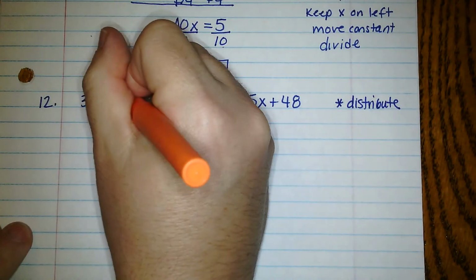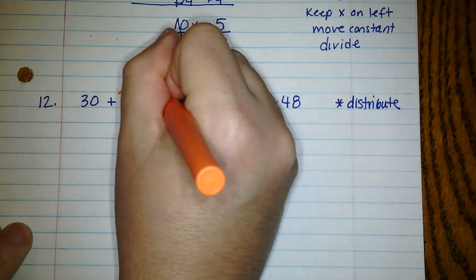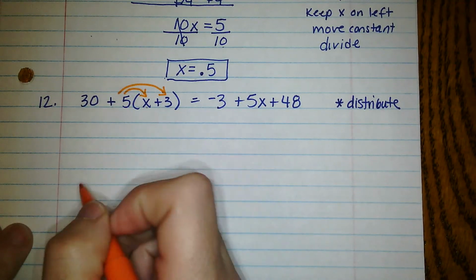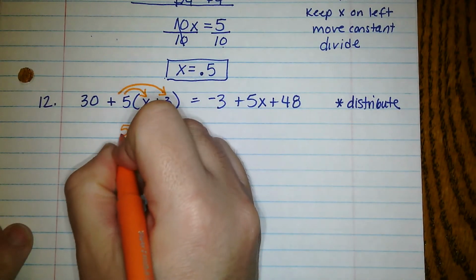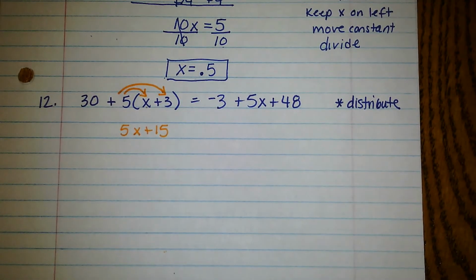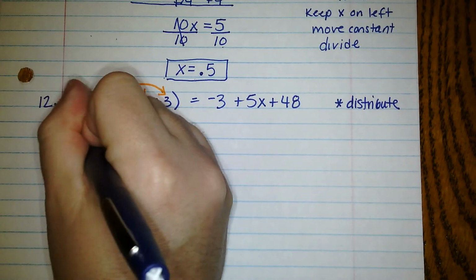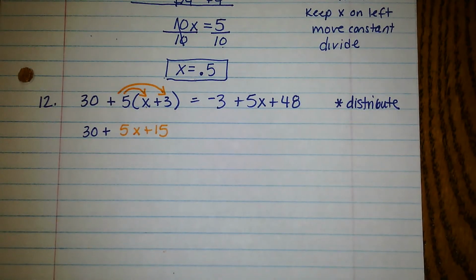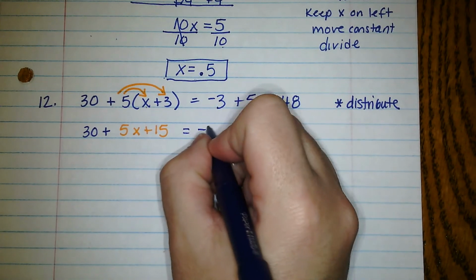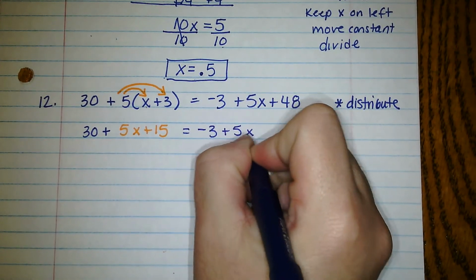So we can distribute that 5, and that's a positive 5. We're going to distribute that positive 5 to the x and the 3. So that's going to give us 5x plus 15. And we're going to bring that 30 down. On this side, there's nothing to distribute, so I'm just going to bring that down as well.